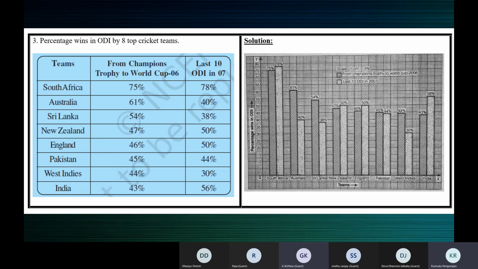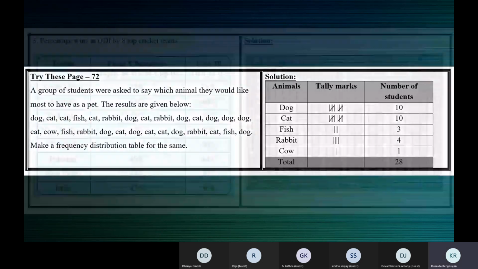Correct. 75 represents 75% there. I just had a doubt as it was a number and percentage. Yeah, correct. 75 there represents 75%. Okay, ma'am. Yeah, so till here.